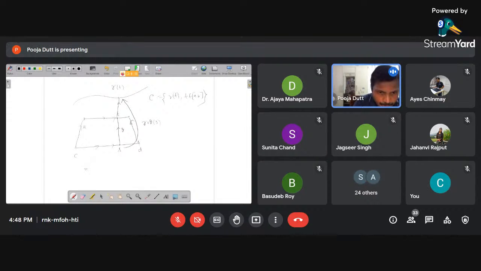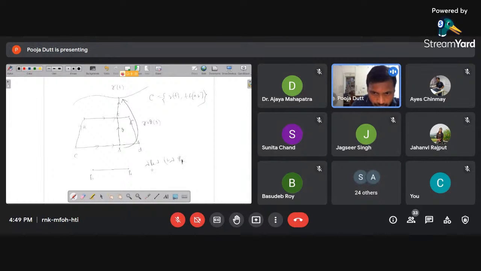You have 2 points, P1 and P2, in any Euclidean space, suppose you are in R2. What would be the line joining these 2 points? The parametric equation of the line would look like lambda times the last point P2 plus 1 minus lambda times the first point P1.